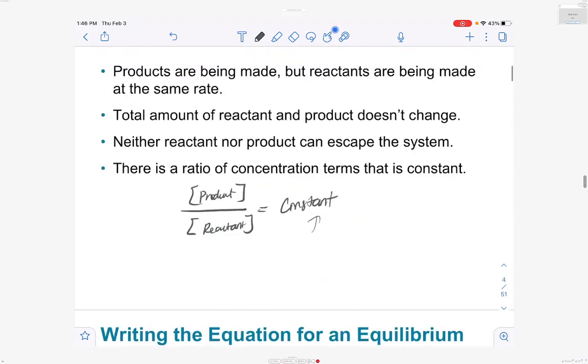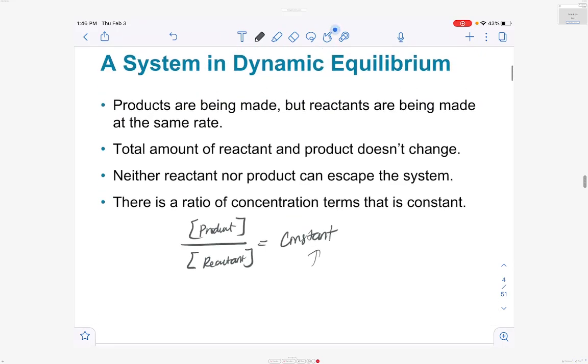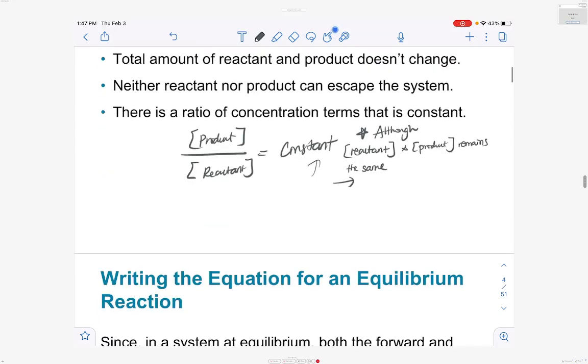So again, this slide is basically telling us that although reactant and product concentration remains the same, that doesn't mean they stop reacting.